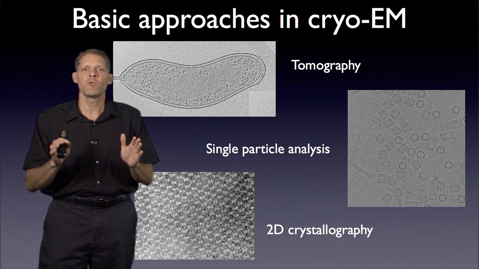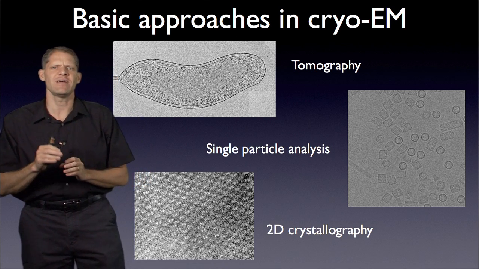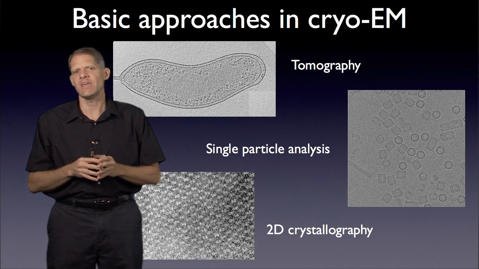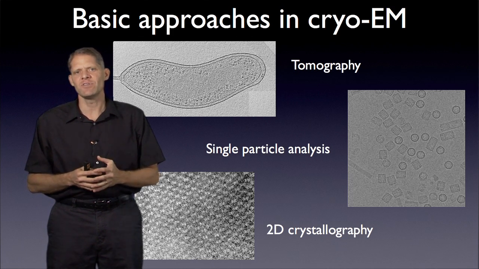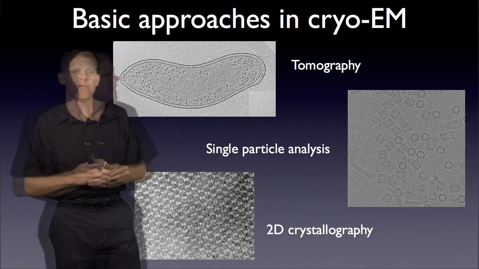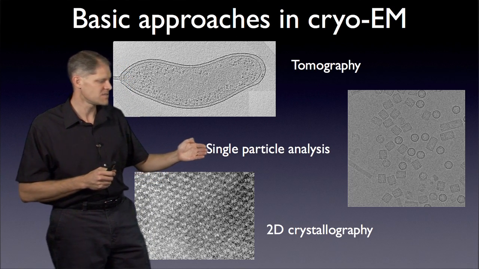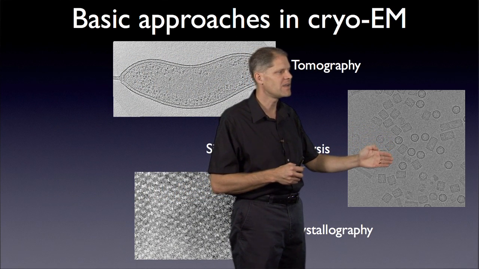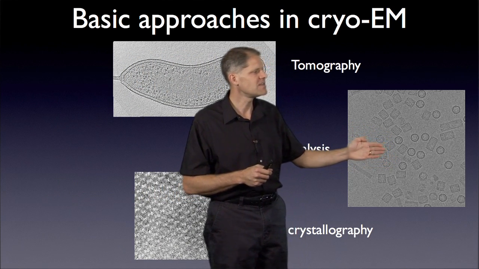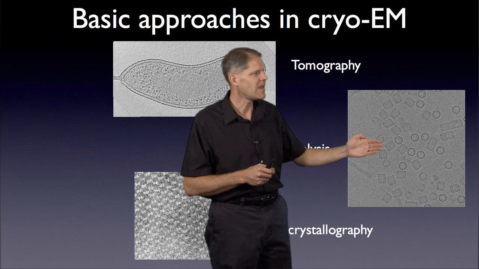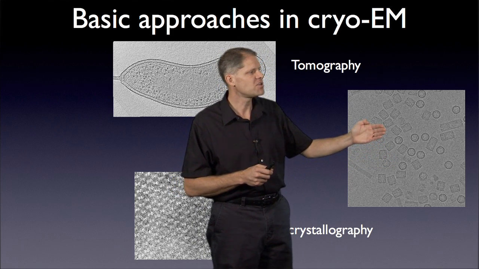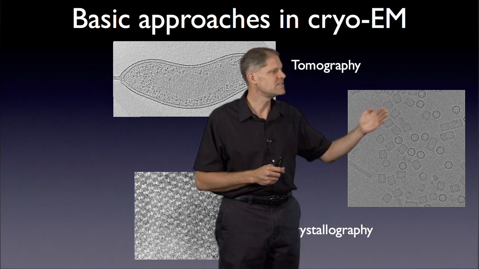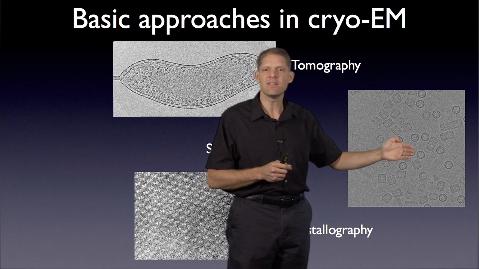However, in the case where we can purify a large number of identical objects, then we can begin to overcome radiation damage by averaging low-dose images. In single particle analysis, such a large number of identical objects are purified and then imaged. Here again is the image of hemocyanin, and as you can see, each copy of this protein complex exhibits a different orientation in the ice.